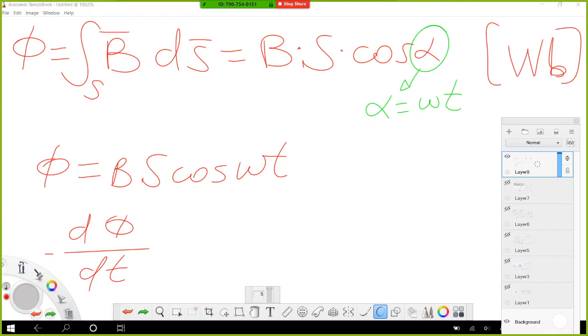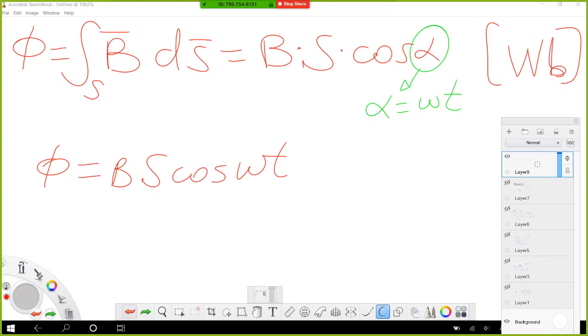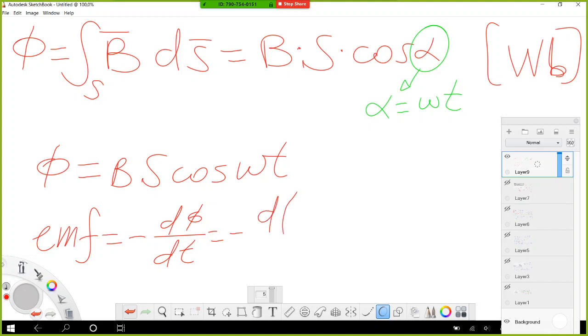Let me write from the beginning: the electromotive force is equal to minus d phi over dt, which is equal to minus d of B S cosine omega t over dt.